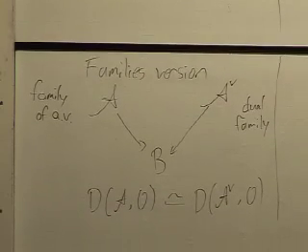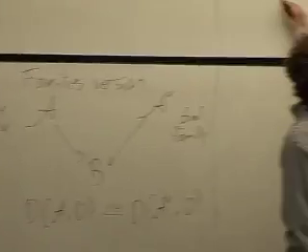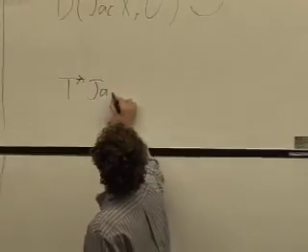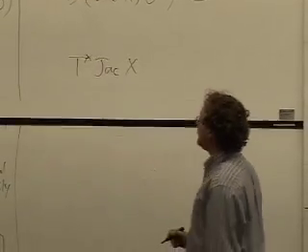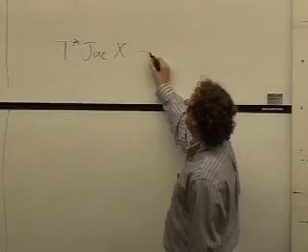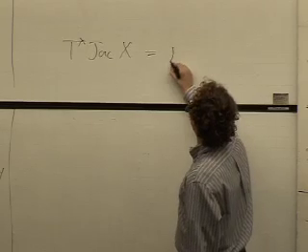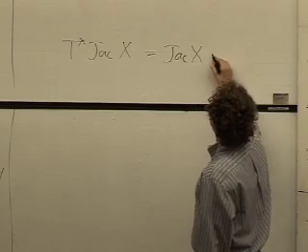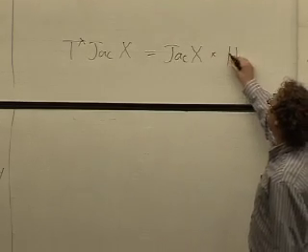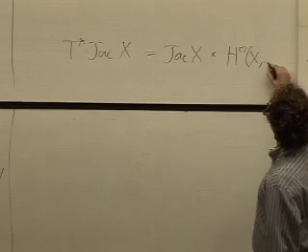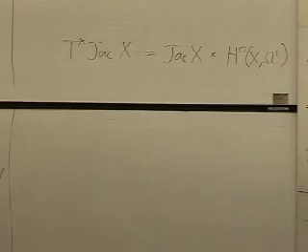And to do this, I'm going to have a really silly family. What's my family? I'm going to look at the cotangent bundle of the Jacobian again. Now, for the cotangent bundle of the Jacobian, we decided that the cotangent fibers at every place are the same. So this is isomorphic to the Jacobian of X cross the cotangent space at any point, which is the space of holomorphic one forms.